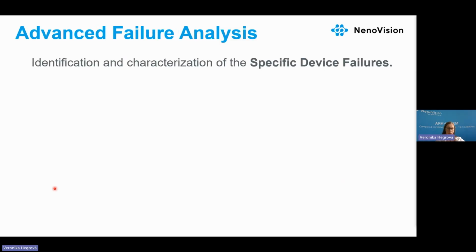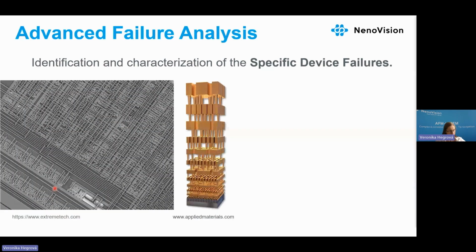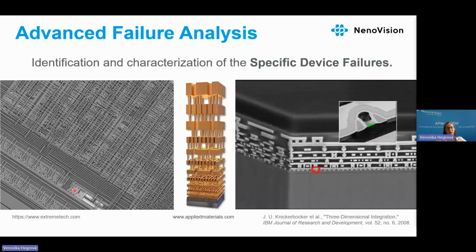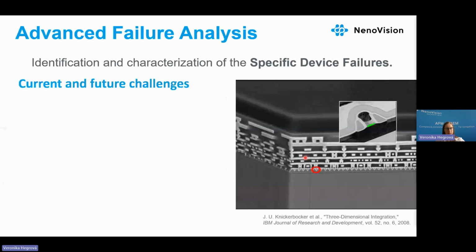And let's get a little closer to the advanced failure analysis. As you know, the structures are very complex and will be even more complex in the future. And so being able to find a very localized failure that is happening, for instance, within one node, and identify it and then characterize it, this is actually the most important thing to analyze.